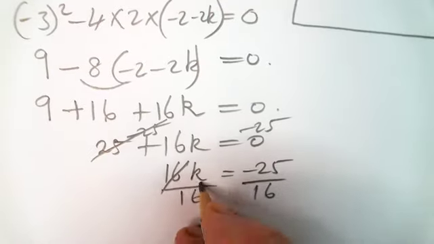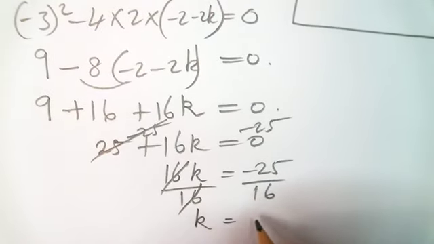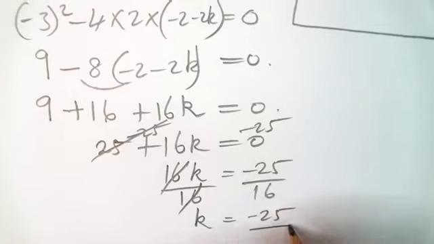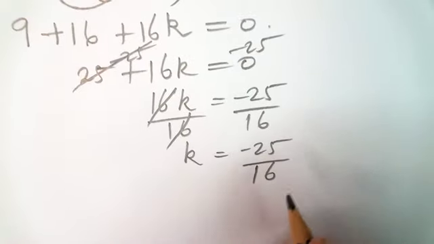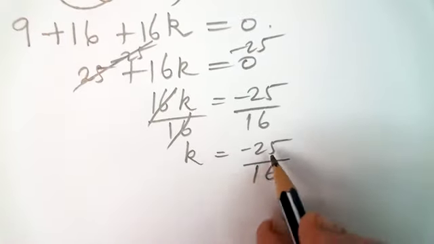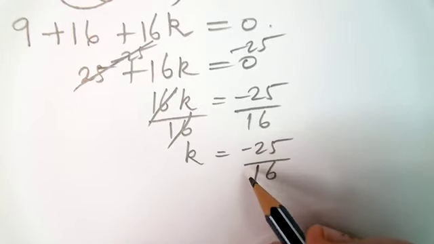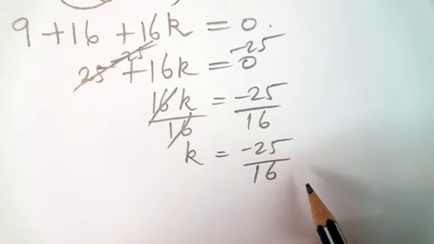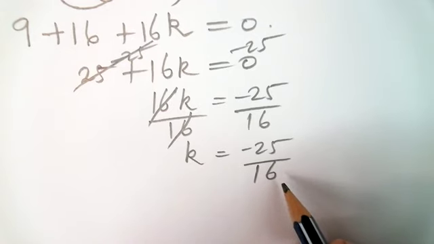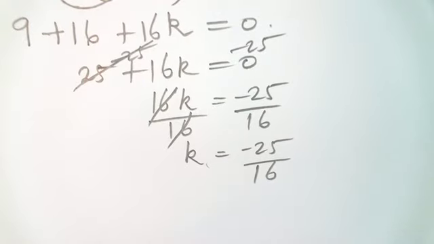Here it is. So k is going to equal -25 on 16. Now, if you want, you could go ahead and say, okay, what is that as a decimal? But I'm just going to leave it as -25 on 16. I rather like that. If I can, I have them as improper fractions, or just fractions, I think we're calling them these days. And that would be the value of k.